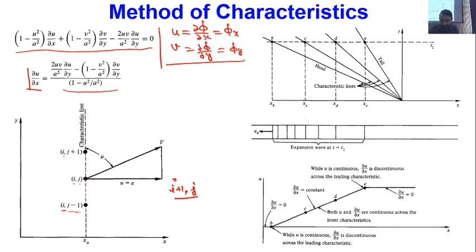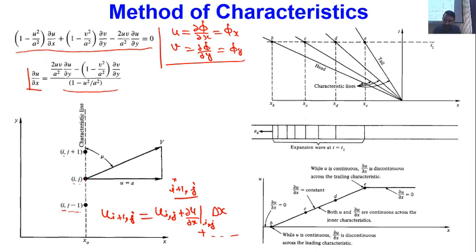If I have to calculate velocity u at point i plus 1 comma j, then using Taylor series I can say u at i j plus del u by del x at i j into del x, plus higher order terms. If I neglect the higher order terms, I am not concerned about that.